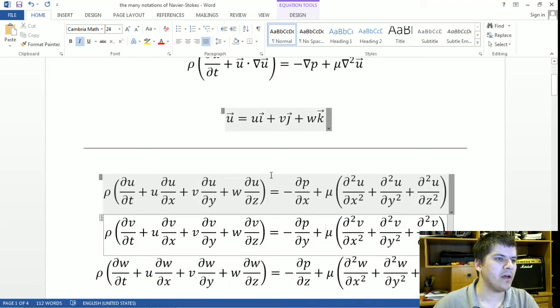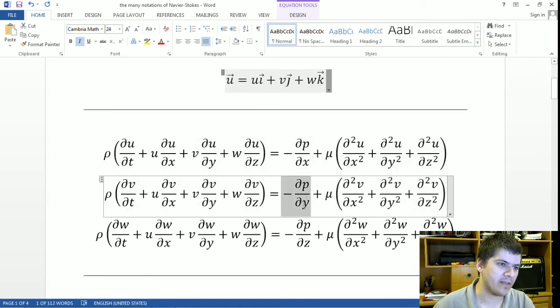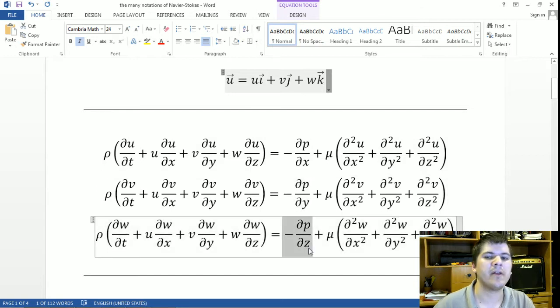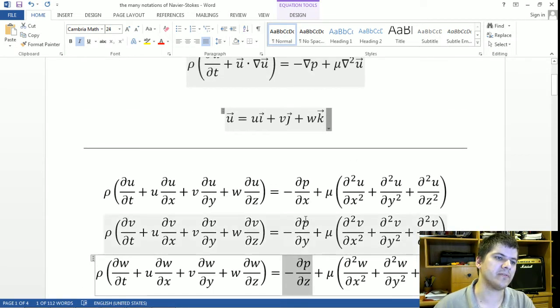Okay, and also here is the gradient of p, which is the pressure. And pressure, as you know, as I discussed in the previous video, pressure is a scalar variable. So when you take the gradient of a scalar variable, you obtain a vector field, which is expressed here. The three components of the gradient of pressure, which is pressure itself is a scalar field.